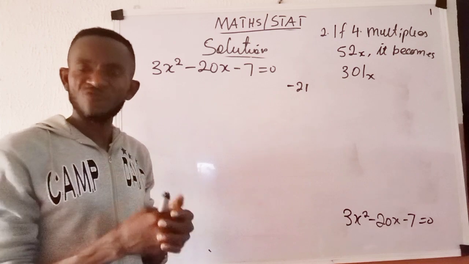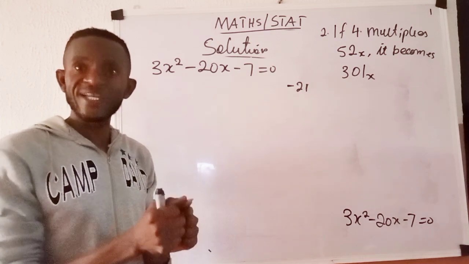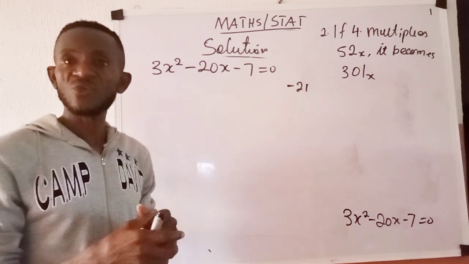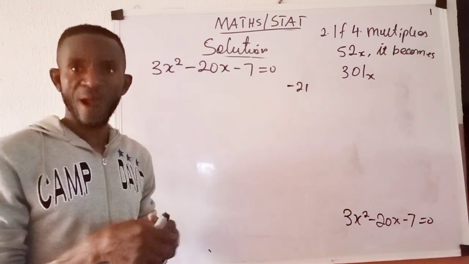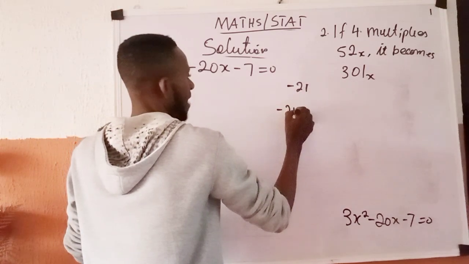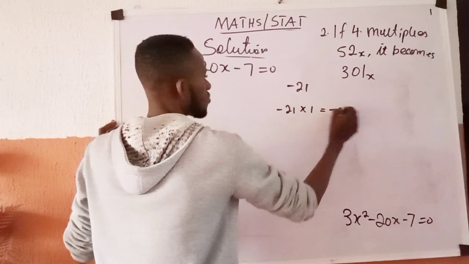So let's think of two numbers. We multiply them together, they give us minus 21. We add them together, they give us minus 20. That number is going to be minus 21 and 1. If you have minus 21 multiplied by 1, the answer is going to be minus 21.